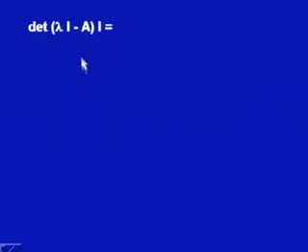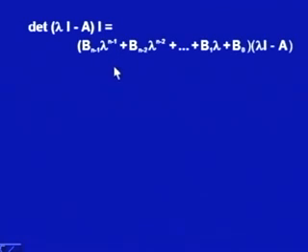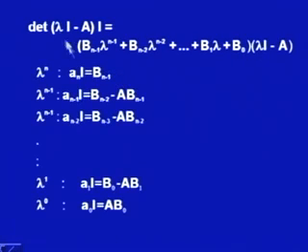Then the determinant of lambda I minus A, times I, is equal to B_(n-1) lambda^(n-1) plus B_(n-2) lambda^(n-2) plus ..., last term being B_0, multiplied by lambda I minus A. Now, on this side we have a polynomial expression lambda I minus A multiplied by matrix I, and here also we have polynomial terms lambda^(n-1), lambda^(n-2), multiplied by matrices.